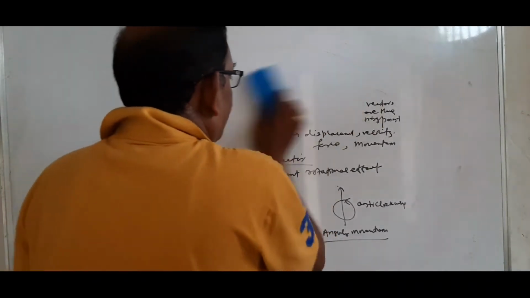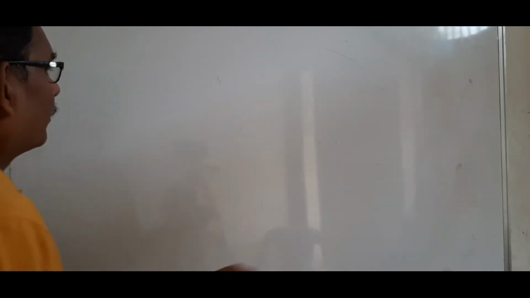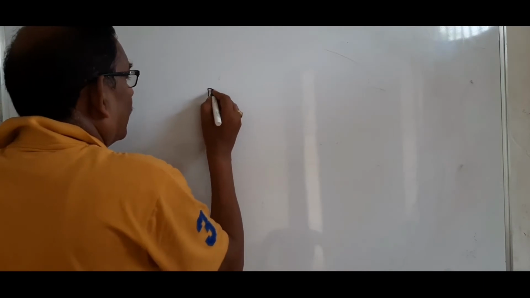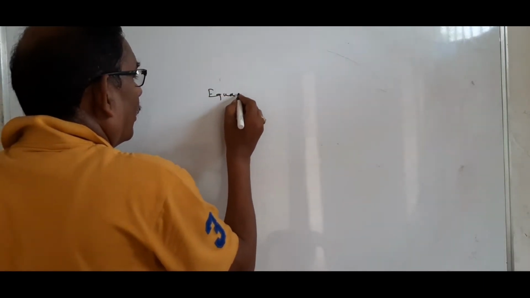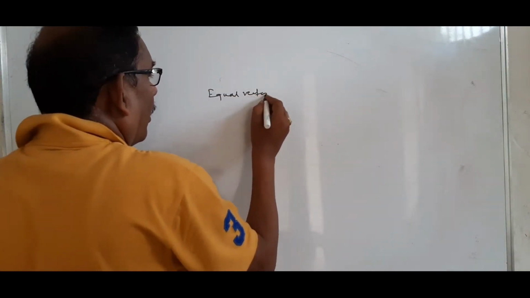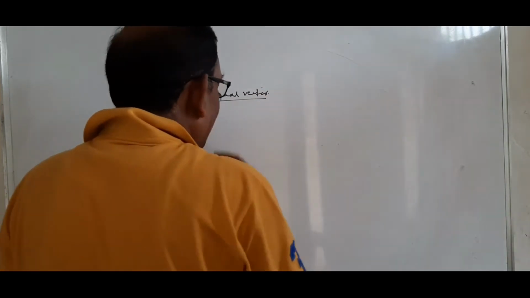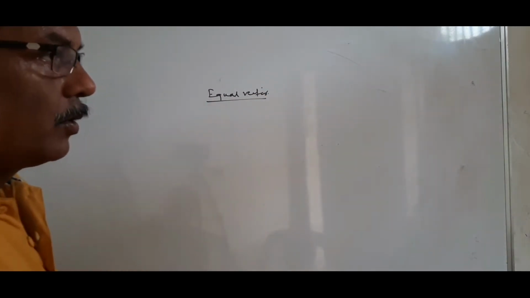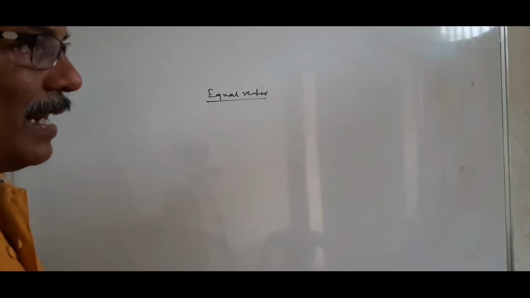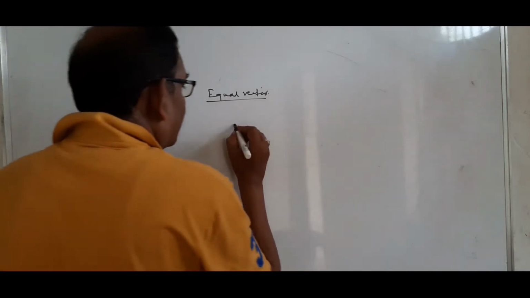Now, some definitions of vector. First is equal vector. Two vectors are said to be equal when they have the same magnitude and act in the same direction.